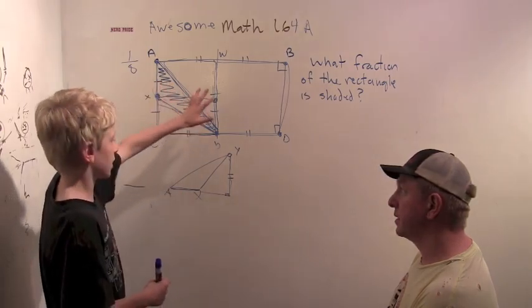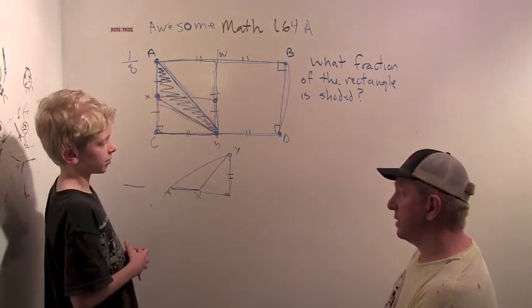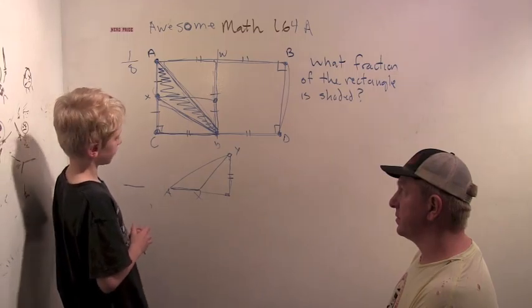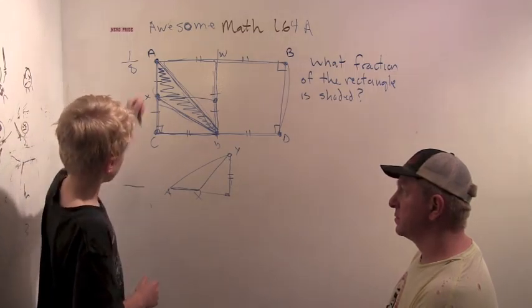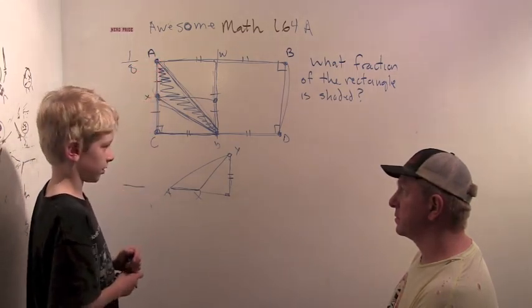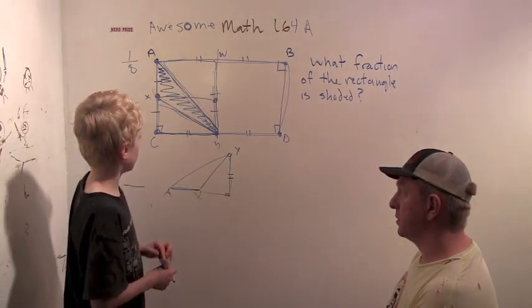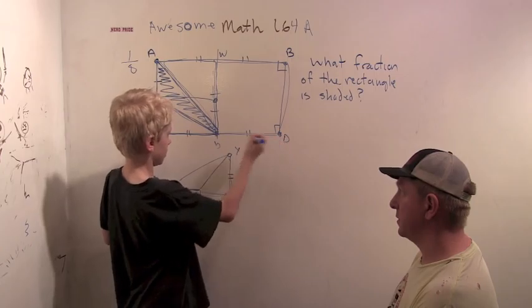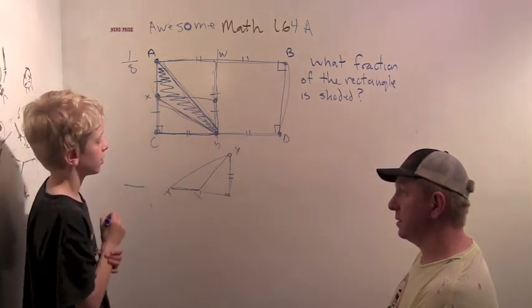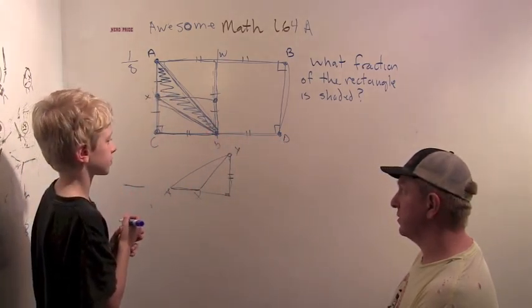But we don't know any of the side lengths. Yeah, that's a problem. But we could just use the X's, like we could use half of CD as a length. So we definitely could.